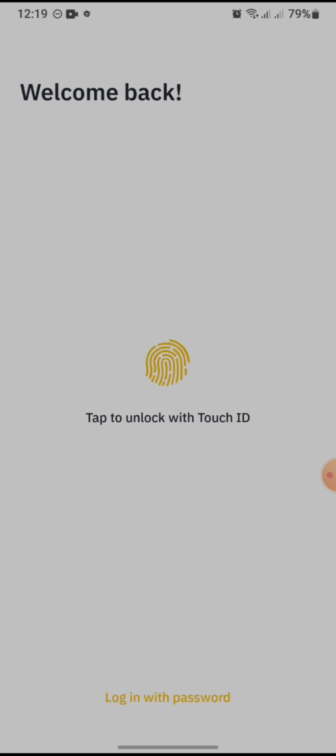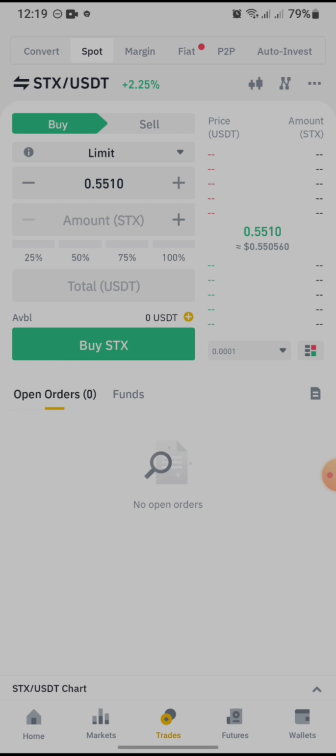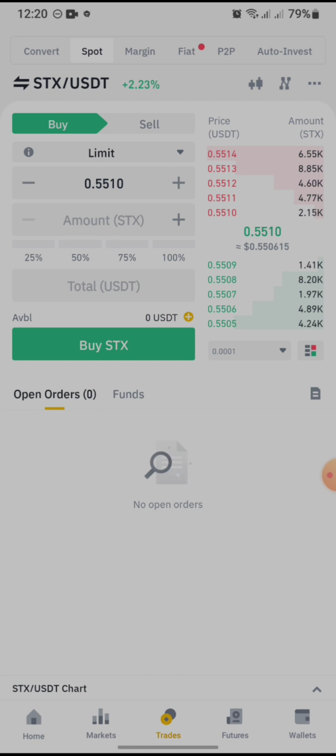Let me give you a brief explanation about spot. If you are our students, you should know what spot is, but for the sake of those watching this video for the first time, spot is just a way of buying a particular coin.